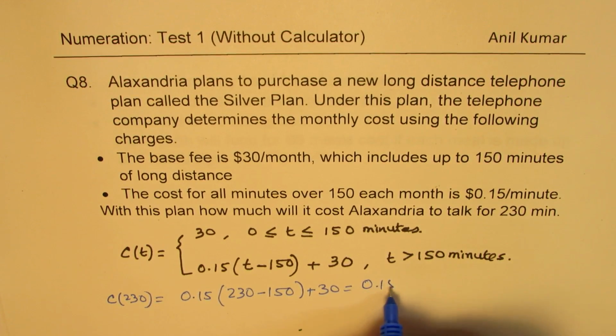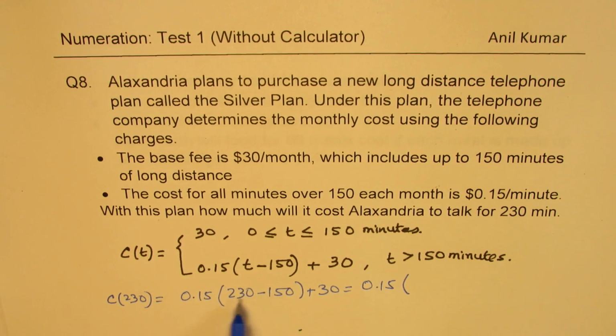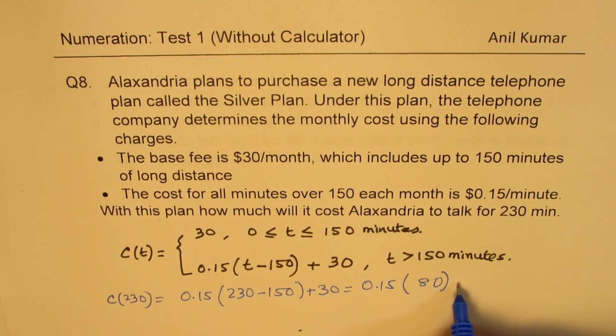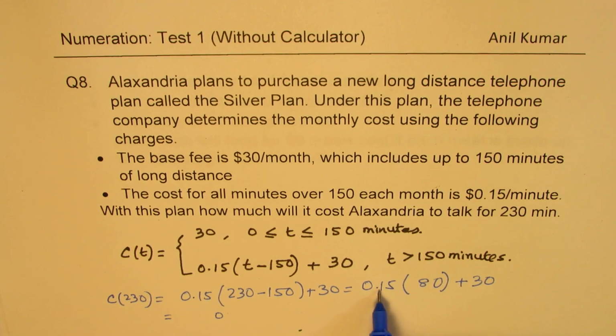Which is 0.15 times, so take away 150 from 230, we get 80, plus 30. Now we can multiply this: 8 times 5 is 40, 8 times 1 is 8, and 4 is 12, so we get 12.0, right? The decimal goes away with that 0, plus 30. So the cost will be $42, right? So we get our answer, which is $42.